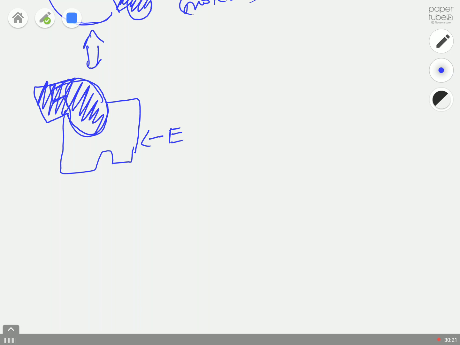So this is your enzyme, this is your inhibitor. So the whole is the enzyme inhibitor complex.